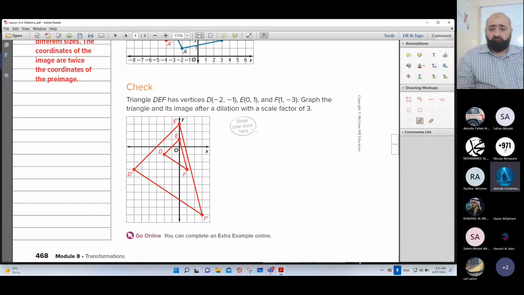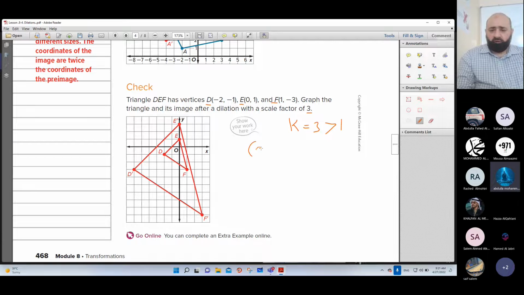The triangle DEF has vertices D, E, and F. Graph the triangle and its image after a dilation with a scale factor of 3. When you have k equal to 3, greater than 1, you have an enlargement.